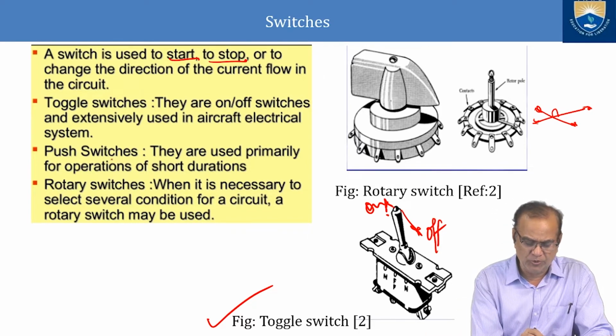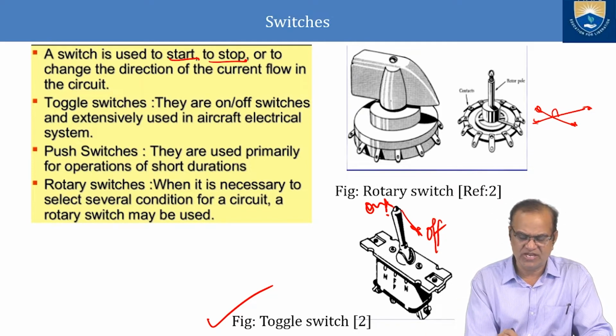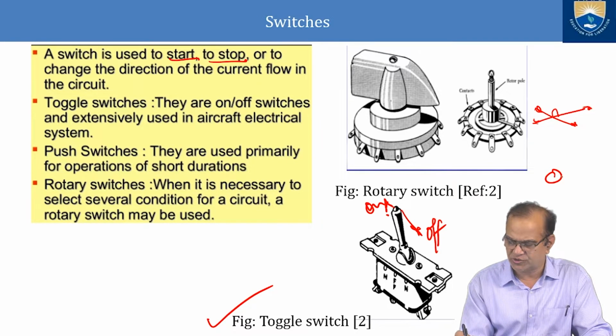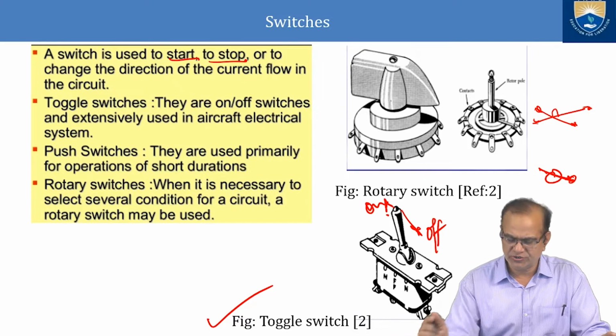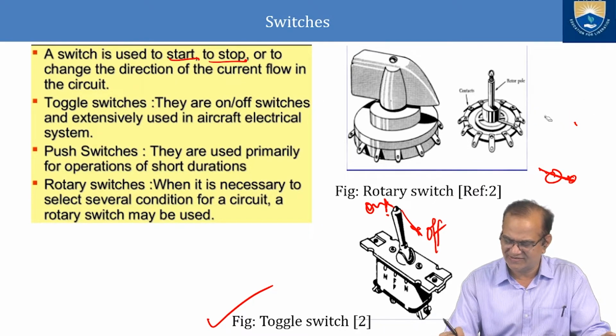Next you have the push switches. They are used primarily for operation of a short duration. If you push it, it will be on, and if you pull, it will be off. Rotary switch I have shown here.